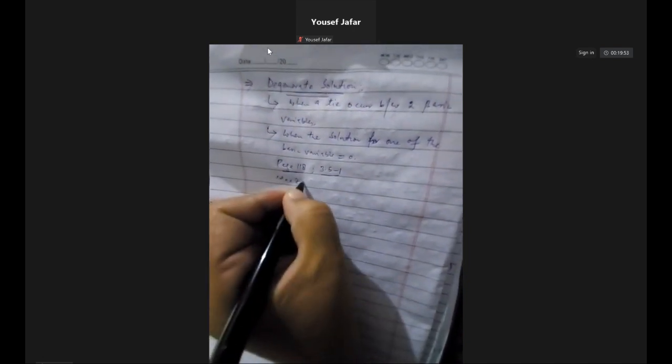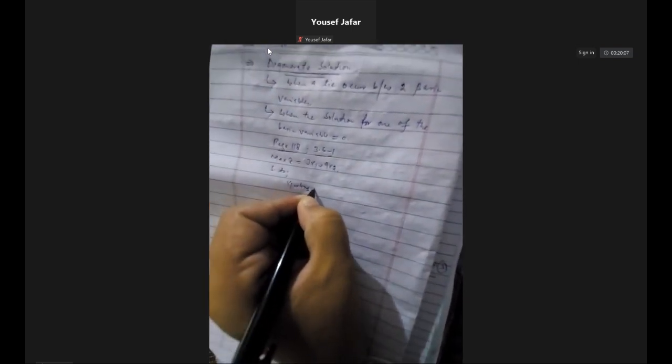Okay, now it says maximize z equals 3x1 plus 9x2 subject to x1 plus 4x2 less than or equal to 8, x1 plus 2x2 less than or equal to 4, and x1, x2 greater than or equal to 0.